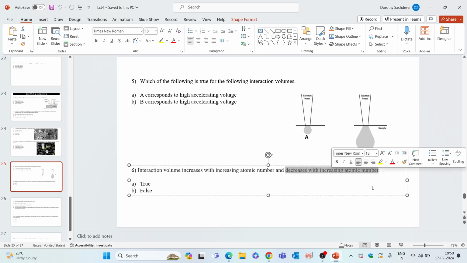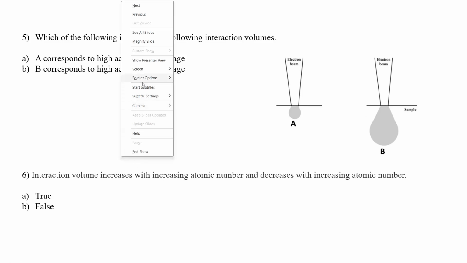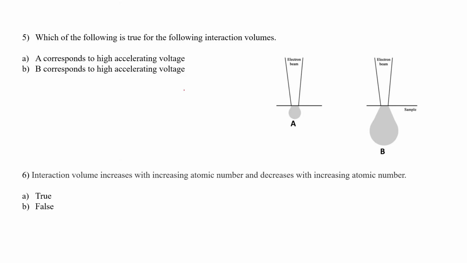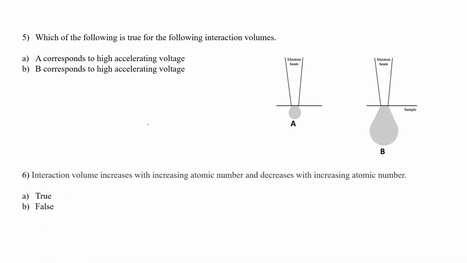It decreases with increased atomic number because, suppose this is your specimen, I'll just draw it to make it clearer.